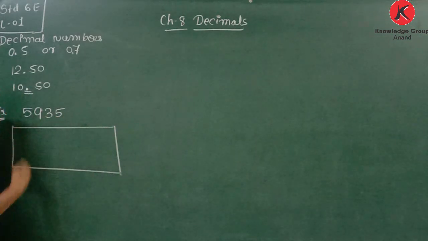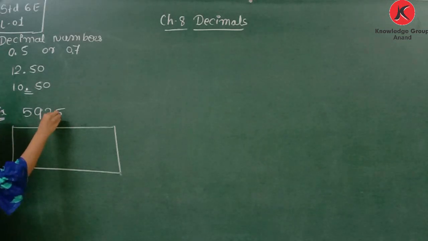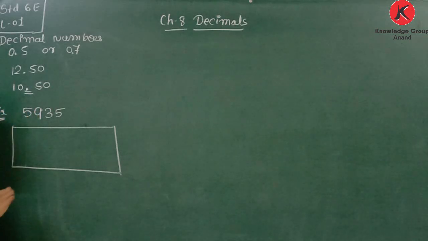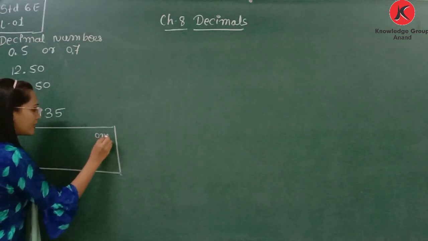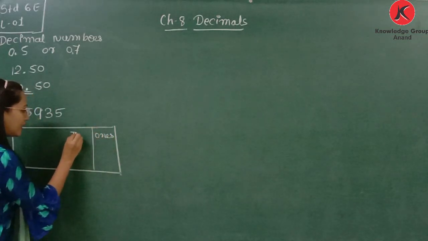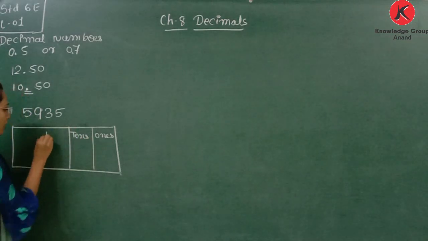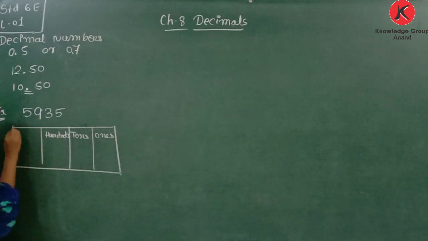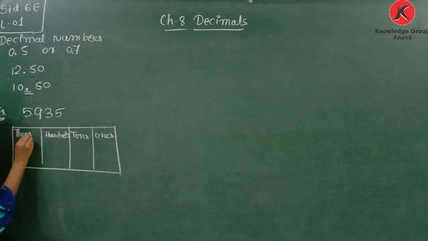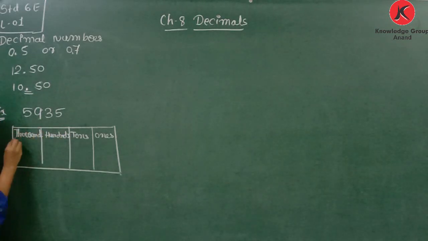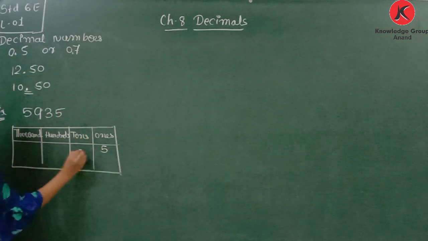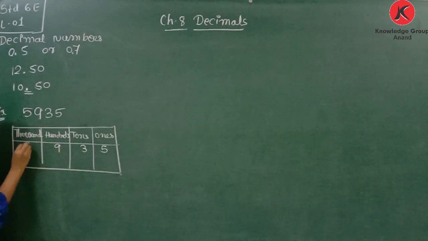Here you can see 5 is at the ones place, 3 at the tens place, 9 at the hundreds and 5 at the thousands. So we make a place value table: ones, tens, hundreds and thousands. Which digit comes in ones? It is 5, then 3, 9 and 5.